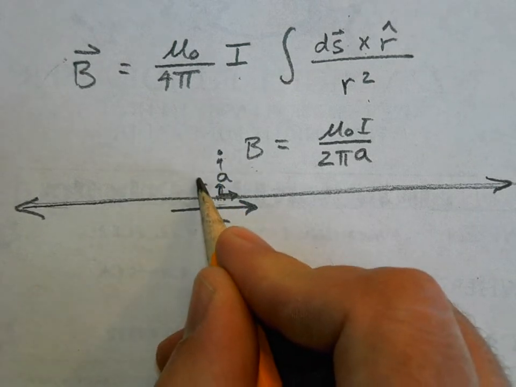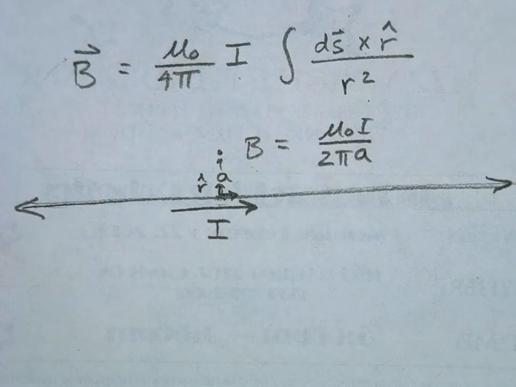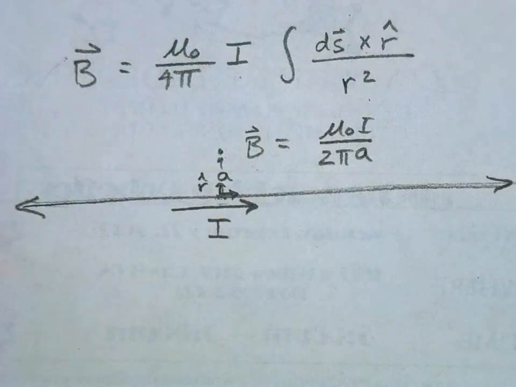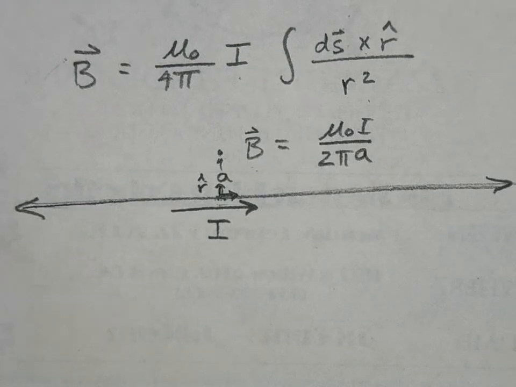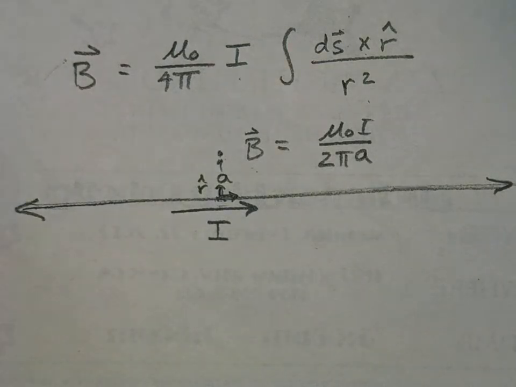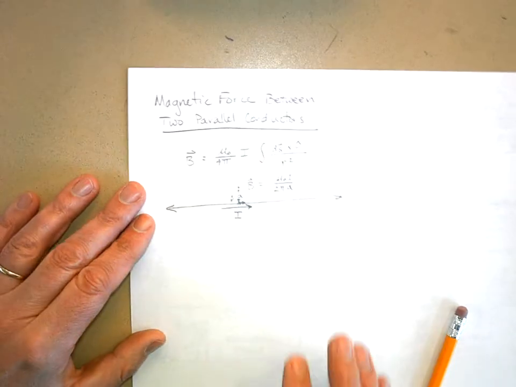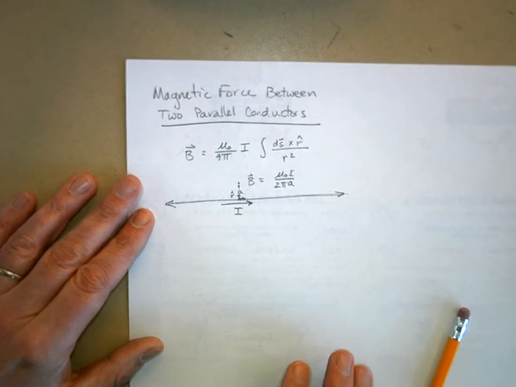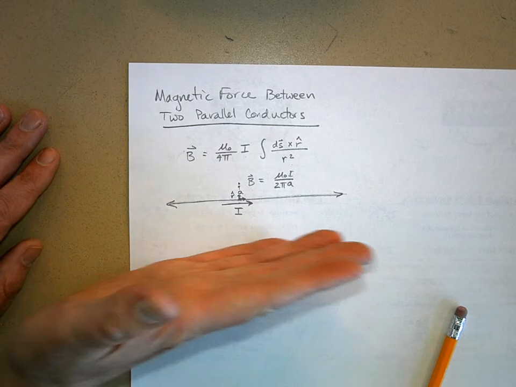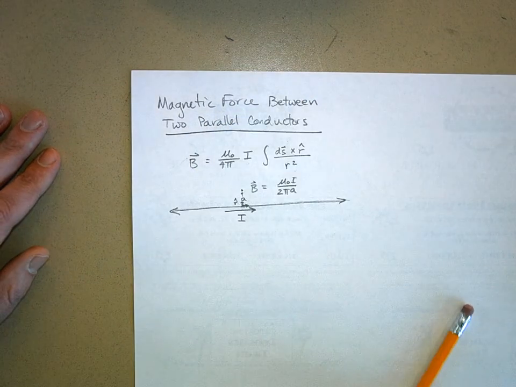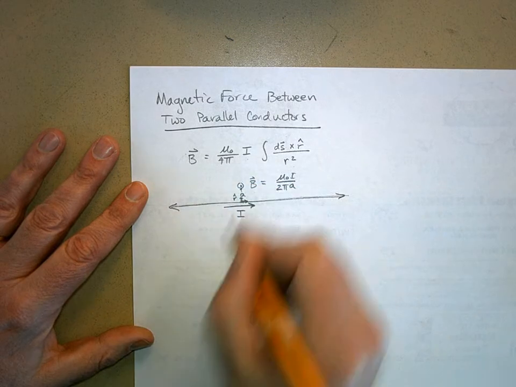So it's the direction from ds to the point in space. And the direction of this B field right here is ds cross r hat. If you take your right hand, my thumb points out, so this points out of the board.